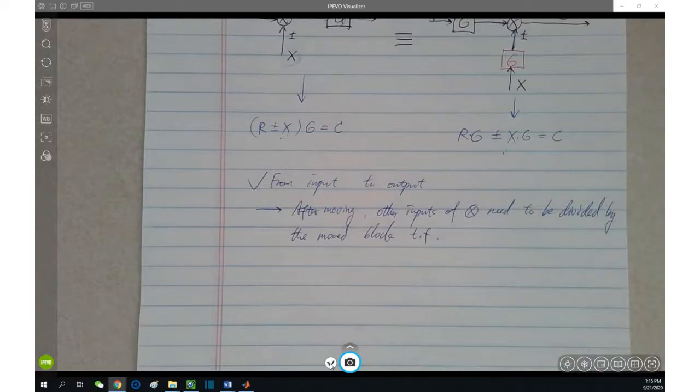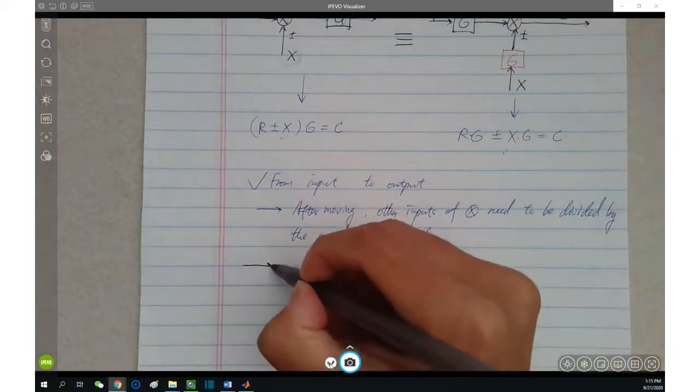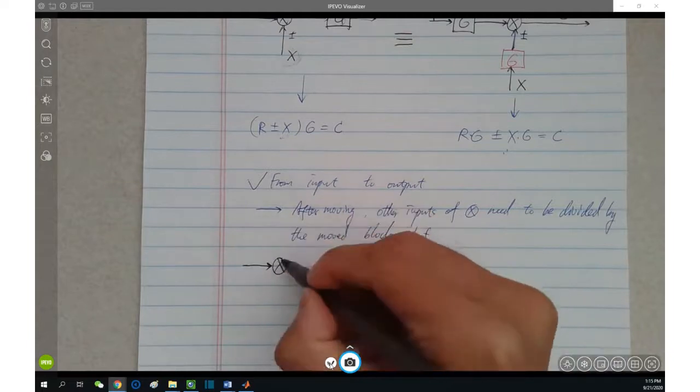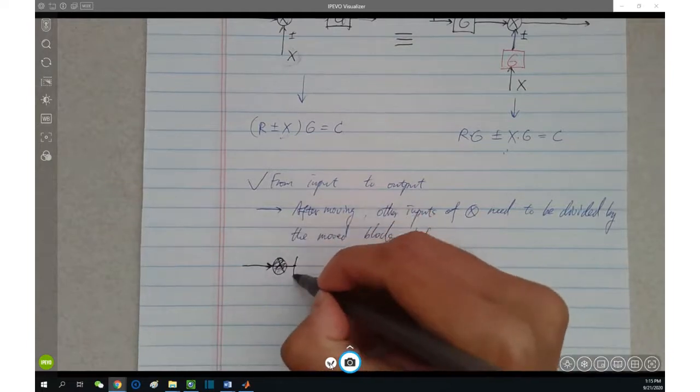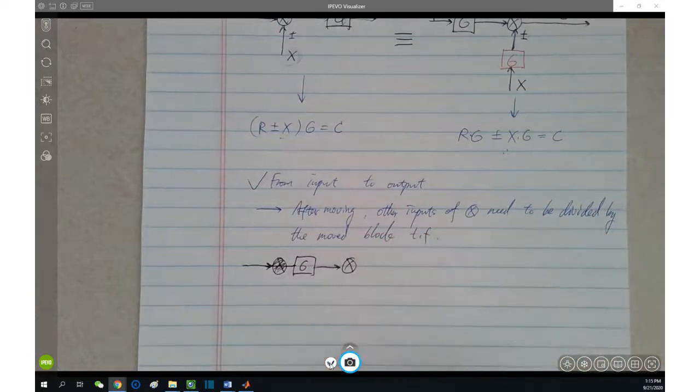Once again, we use a similar block diagram example to demonstrate why this is a valid algorithm. Yes, we have the input side, and then we have G here, the input side block of the summing junction.